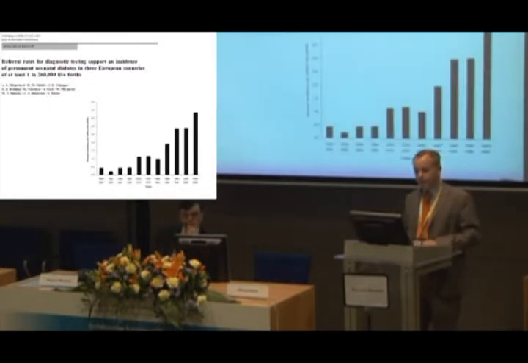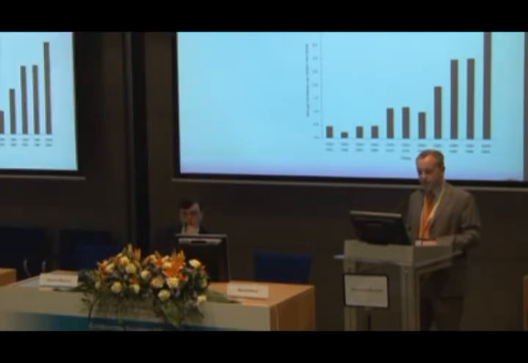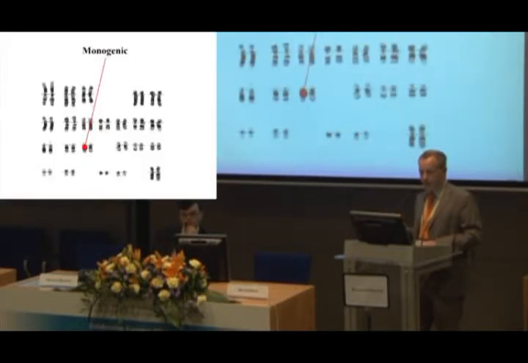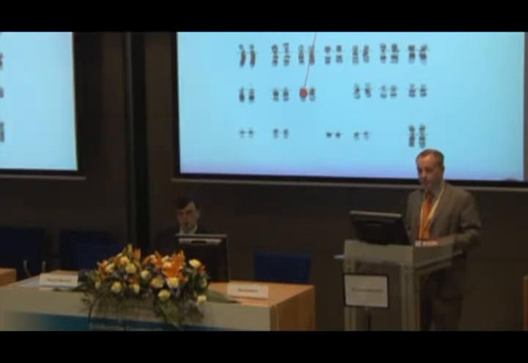From another perspective, we know that this type of diabetes is very rare in all European populations, and one can suggest that this type of diabetes is not polygenic like regular type 1 diabetes, but this is a monogenic type of diabetes.